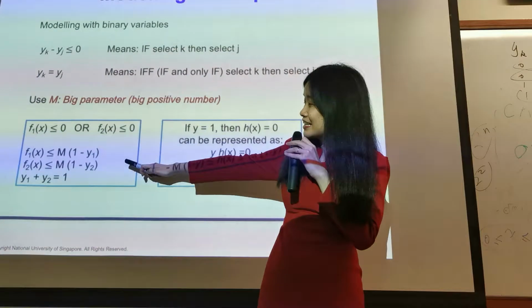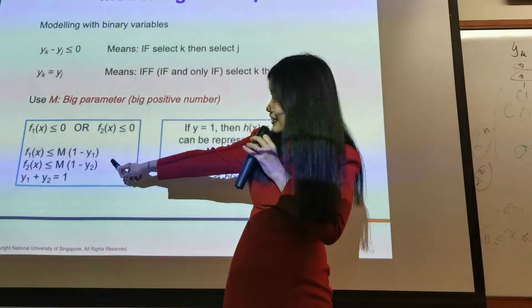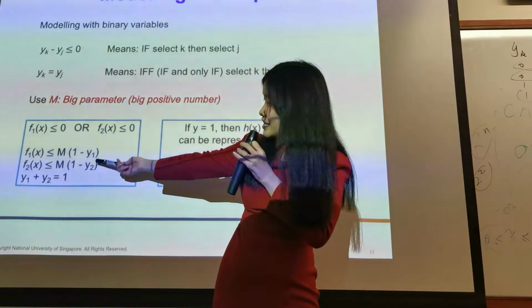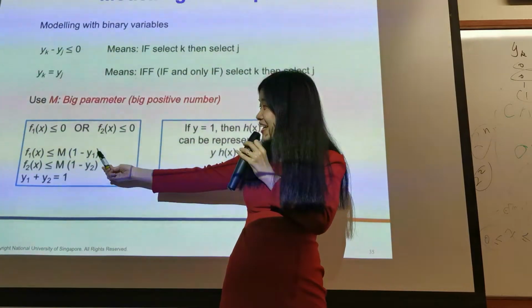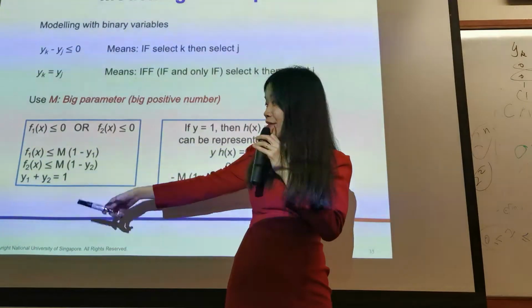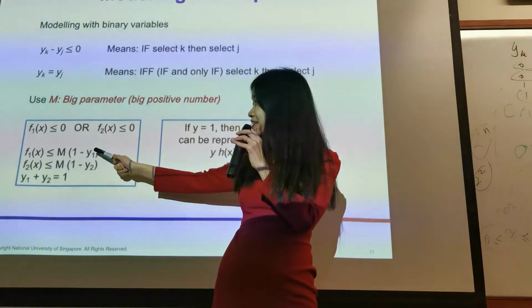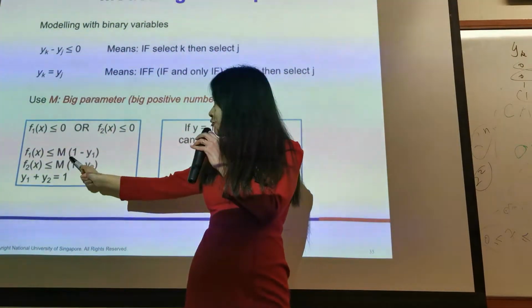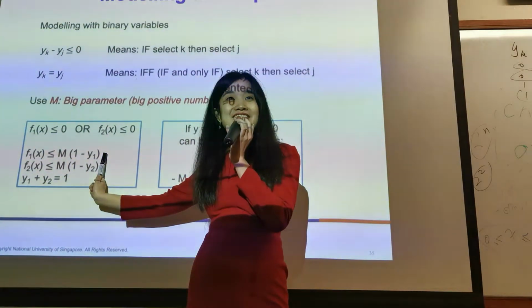So it means choose exactly one. And then why do I need these constraints? It really means that if y1 is 1, I choose option 1. So if I choose y1, then this 1 minus y1 becomes 0, right?